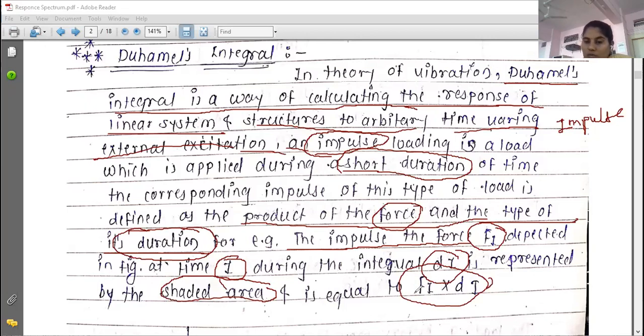F is nothing but the force, and dt is nothing but a time, which is for a short duration. That is nothing but an impulse.